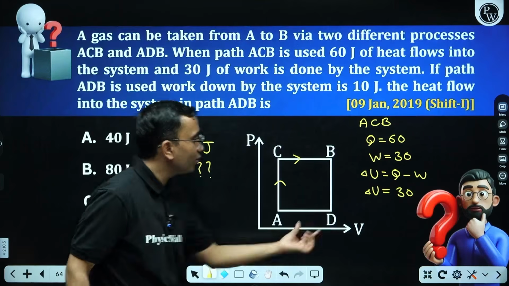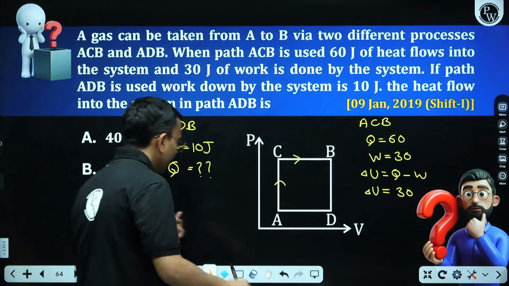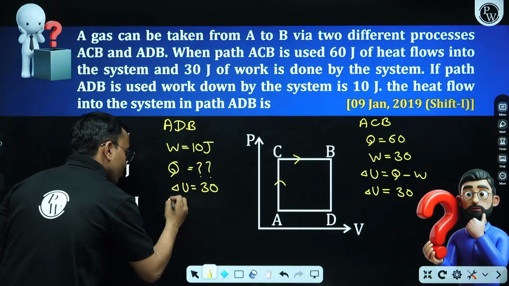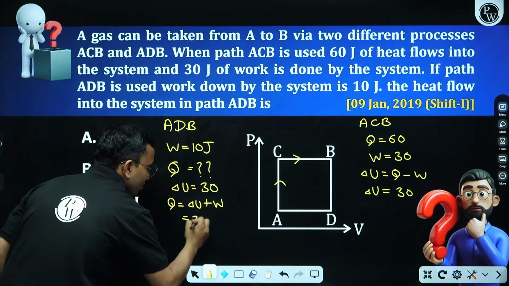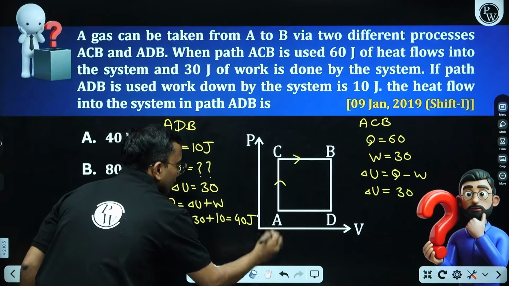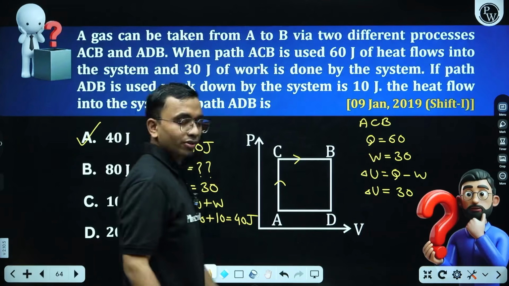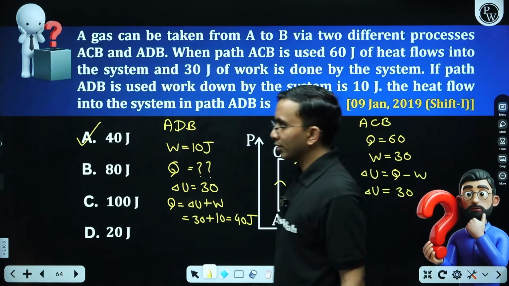I will say delta U will be the same because delta U is independent of the path. So delta U is 30. Q is equal to delta U plus W. So that is 30 plus 10, 40 joules. Okay. Is this clear?